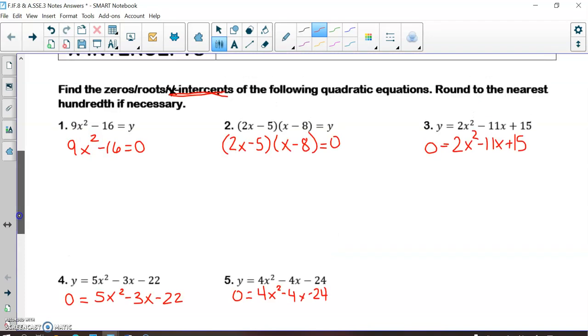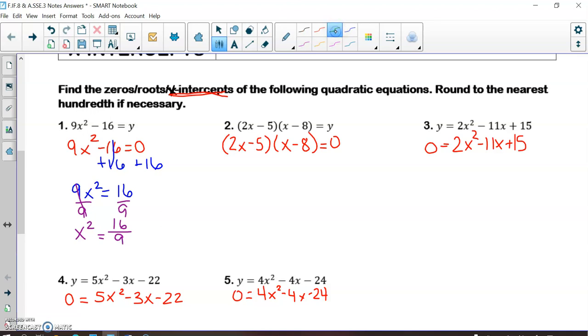Okay, in number 1, since your b value is 0, we're going to use the square root method by first adding 16 to both sides. I have a 9x squared is equal to a 16. I'm now going to divide by 9 on both sides, and I wind up with an x squared is equal to a 16/9.